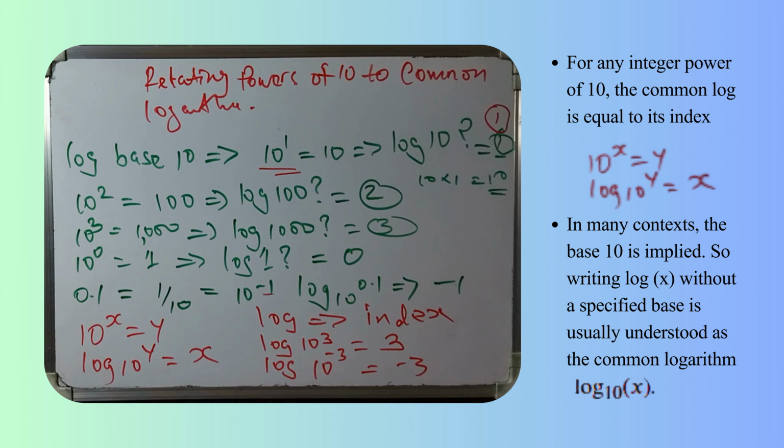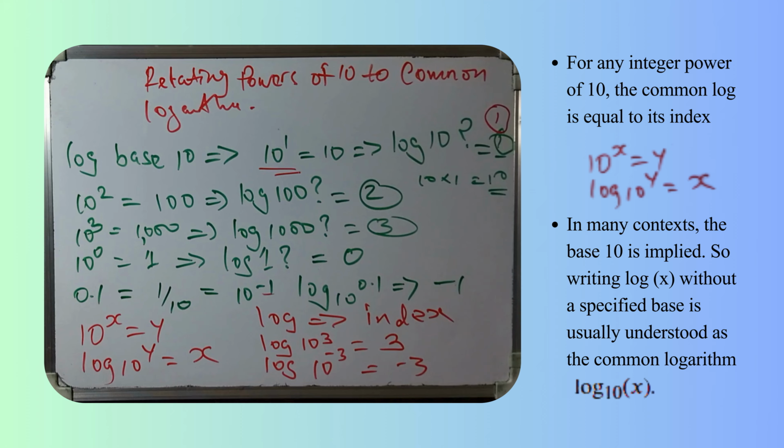So in short, I want you to know that a common logarithm is essentially the index to which 10 must be raised to get a specific number.